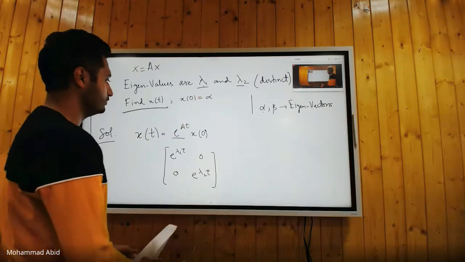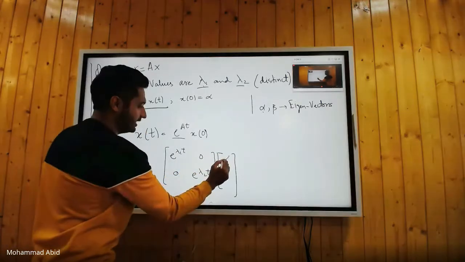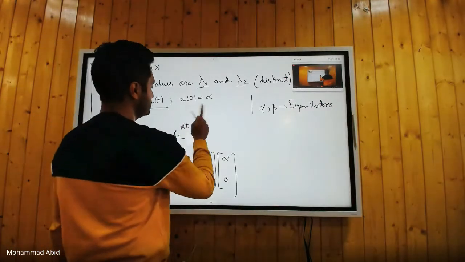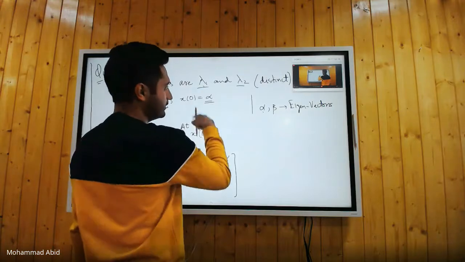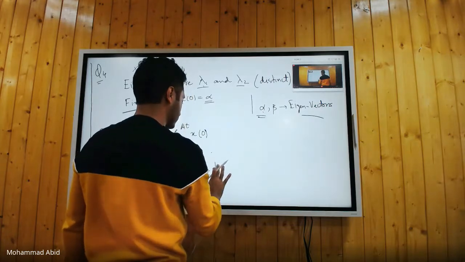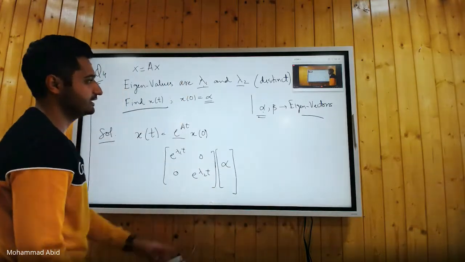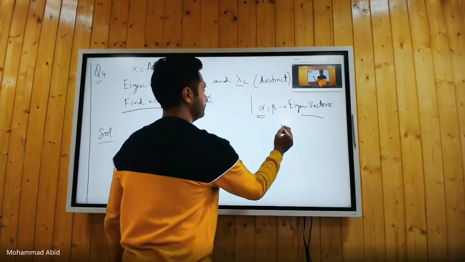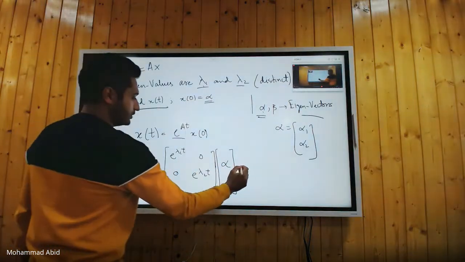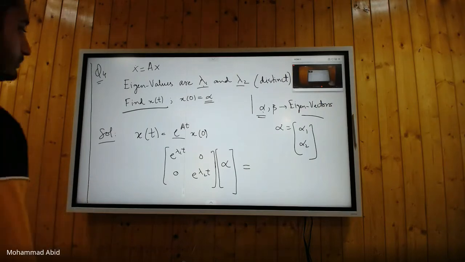And here they are lambda 1 and lambda 2 times x0. What's x0? That's alpha. I can write it like this. No, x0 is alpha. That's not a scalar. This is a vector. Alpha is a vector. I cannot write it like this. Alpha is itself a vector. So times simply alpha, because alpha is itself a vector, isn't it? Alpha is an eigenvector. So alpha can be alpha 1, alpha 2, like this. So what's your solution?